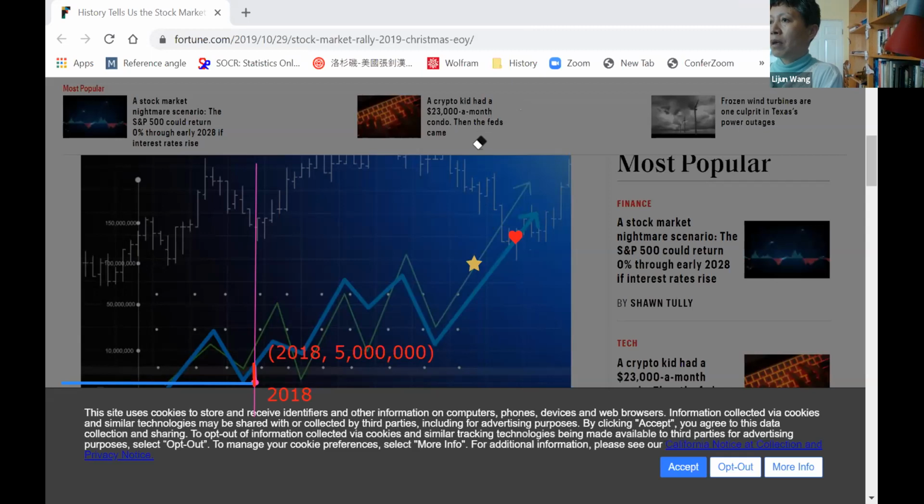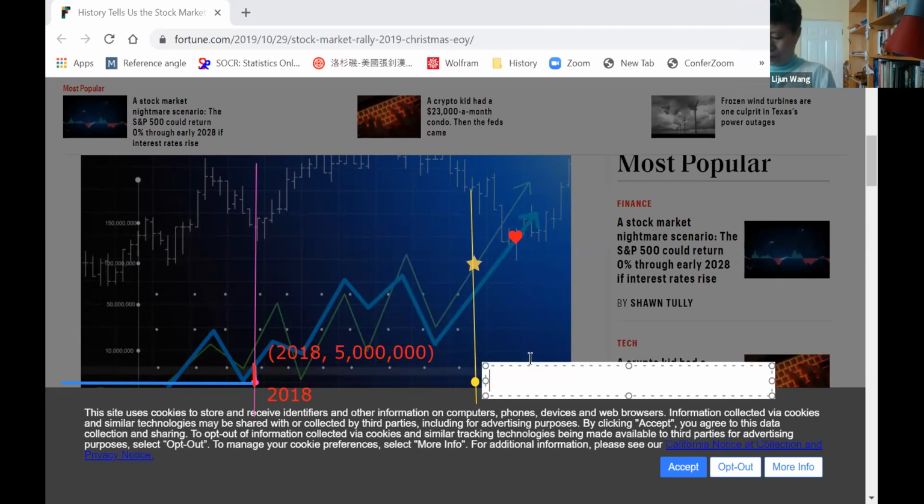So I'm drawing a vertical line. This vertical line crosses the year. Suppose this point is 2020, last year.